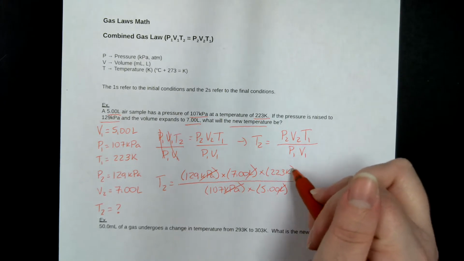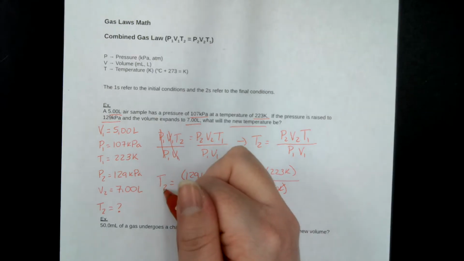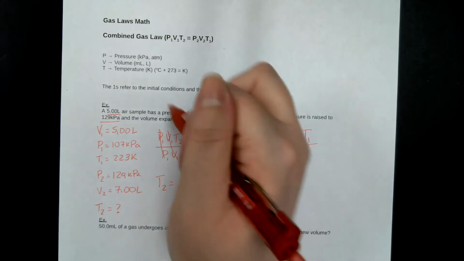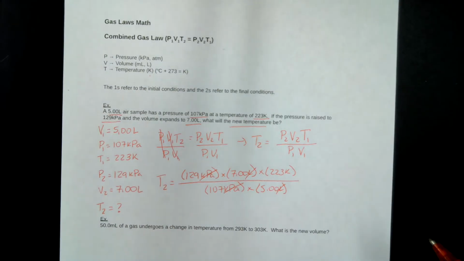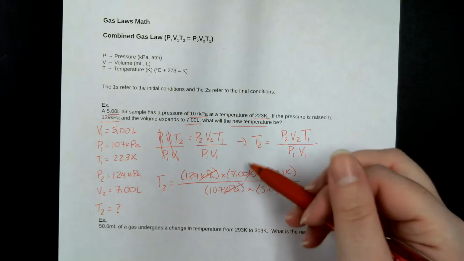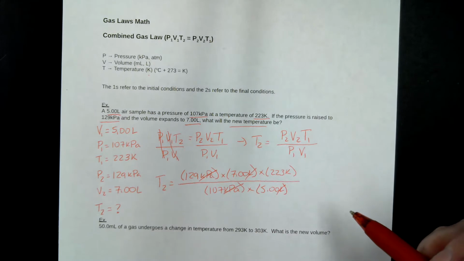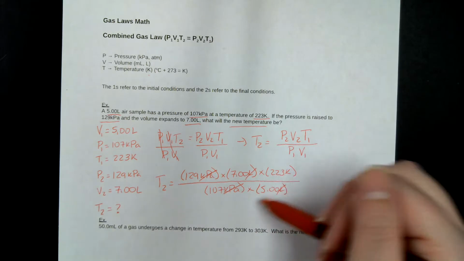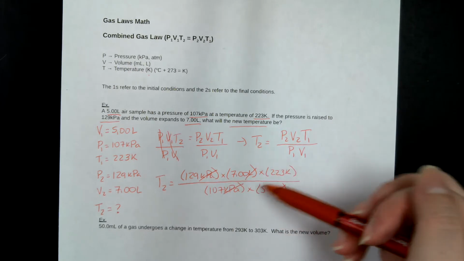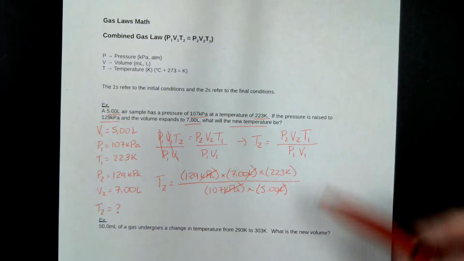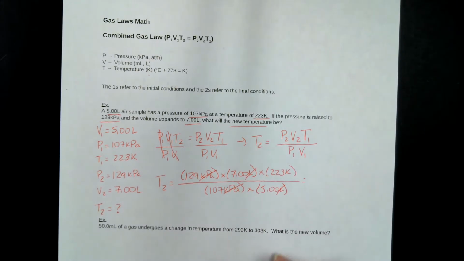Therefore, the only unit we have left is Kelvin, which does make sense because we are solving for a temperature, and Kelvin is the unit that my temperature should be in. So by looking at our units and seeing that they work out to a unit that makes sense for what we're solving for, I can save myself some time, because if my units don't work out, it means I've set up my problem somehow incorrectly. But they do, so we can continue to solve.